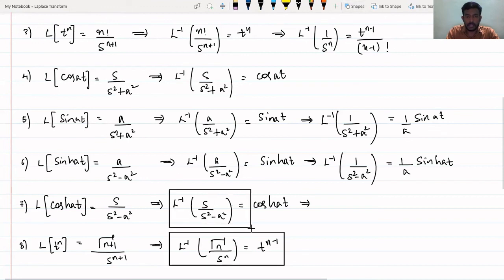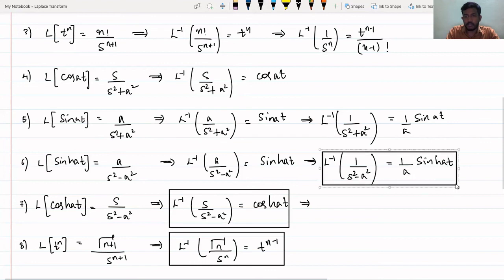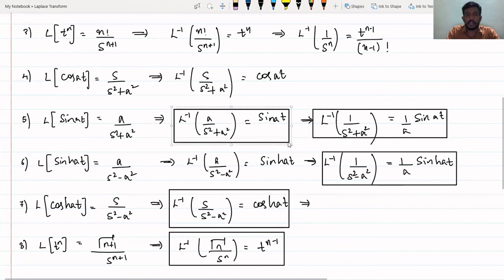So this is L inverse of s by s square minus a square, which is cosh at. And here also one standard form we have. Next. So this is also another standard form. By comparing with the standard forms of Laplace transform, we find the inverse, because we are already familiar with finding Laplace transformations.